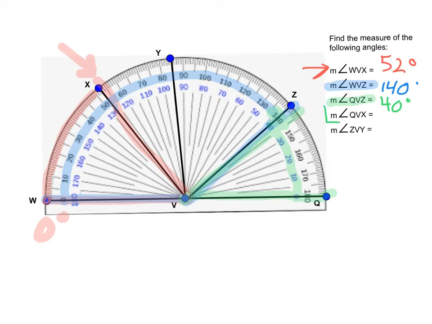Next one, let's go ahead and take a look at the measure of angle QVX. So that one right here, I'll highlight it yellow. QVX. By looking at this, this is an obtuse angle, okay? If you were to count, going with the numbers that are black up here, you're going to get something like 52 degrees again, which, I mean, that's not correct.